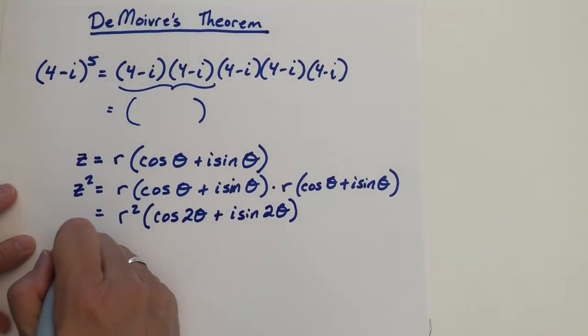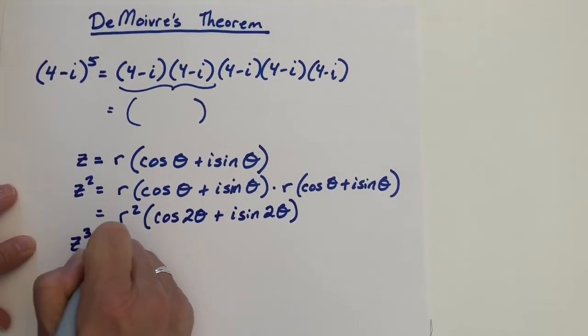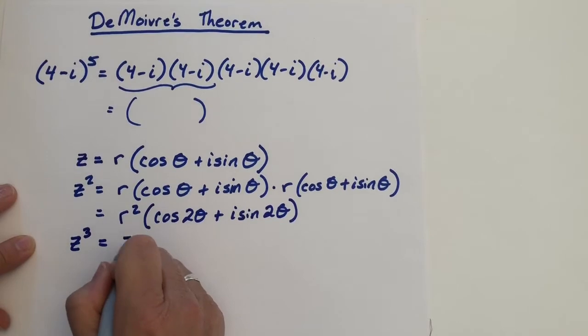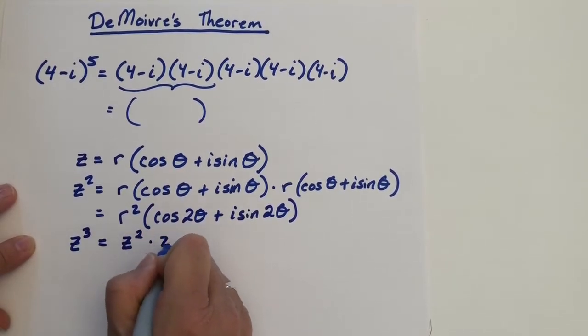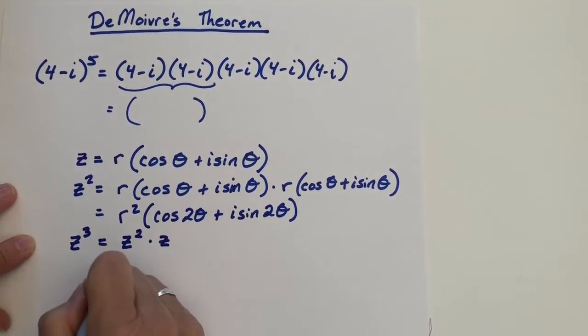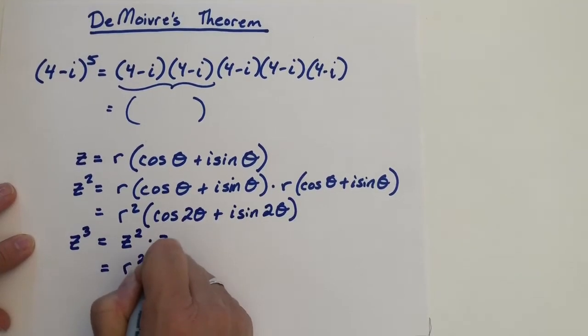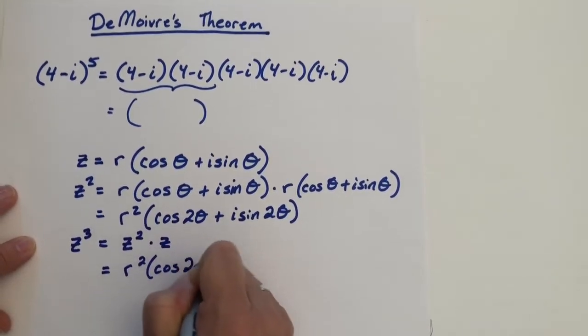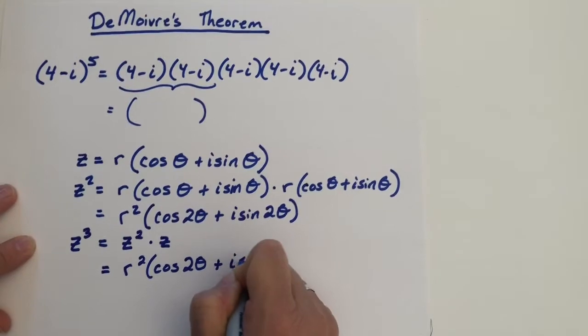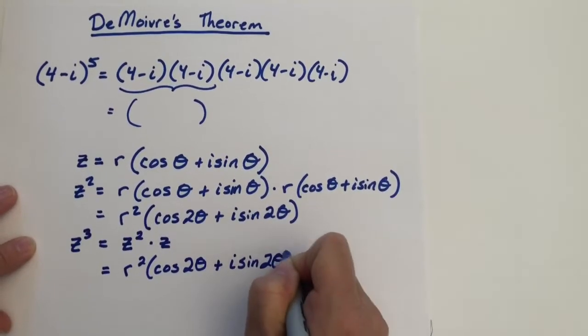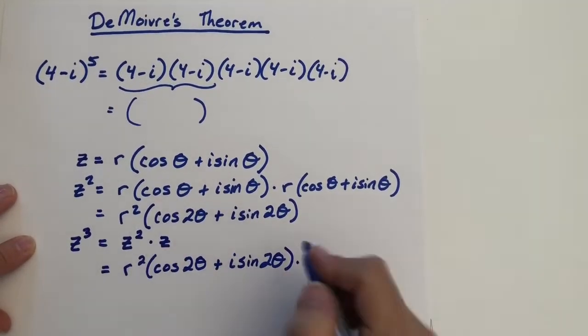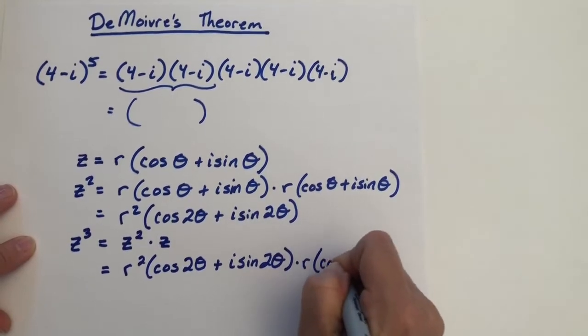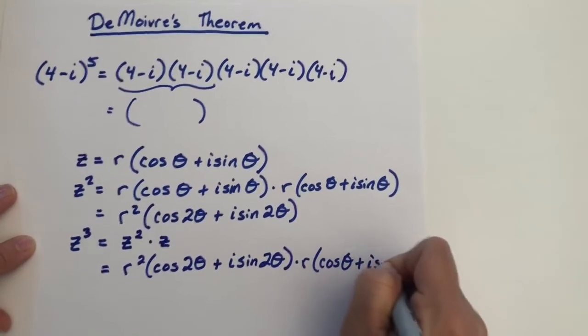Suppose we wanted to raise it to the 3rd power. Well, we know that that would be z squared times z, so I could write this as r squared cosine 2 theta plus i sine 2 theta times z, which is r cosine theta plus i sine theta.